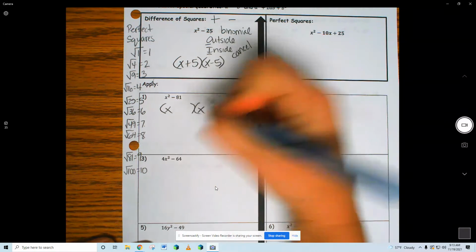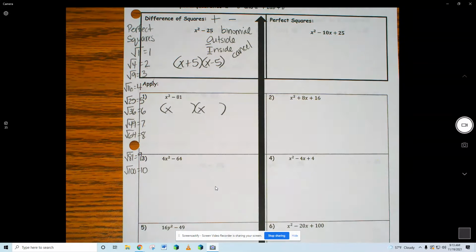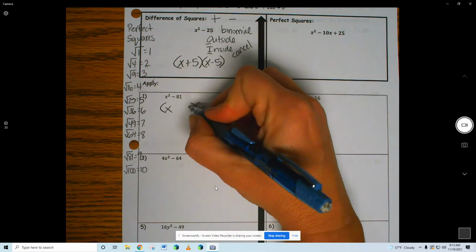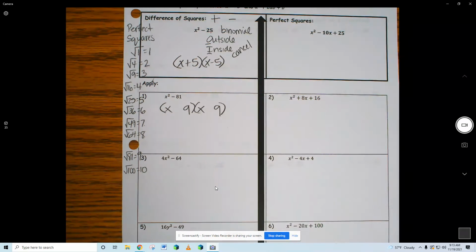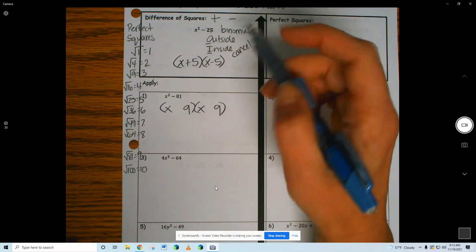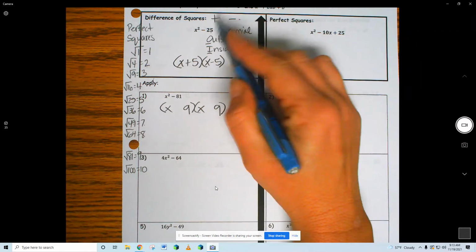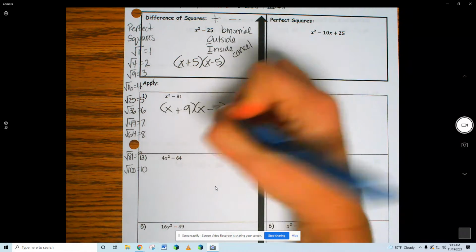Put them there in your parentheses. What numbers make 81? 9 and 9. Okay. What's the word difference mean? What do I do with the signs? Add and subtract. Plus, minus. And you're done.